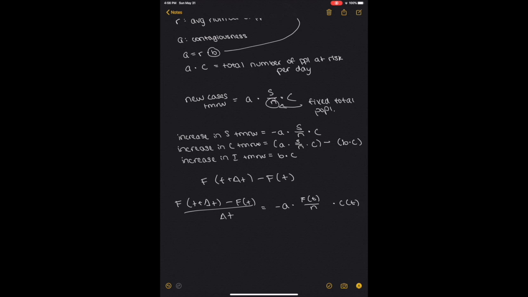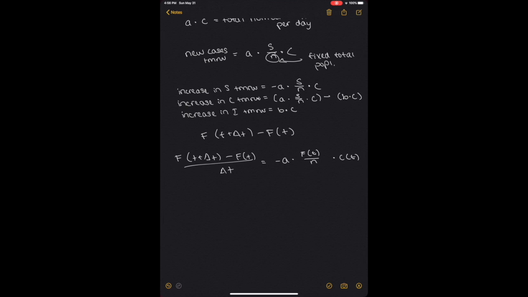And we can also say that c of t plus delta t minus c of t over delta t is equivalent to a times f of t over n times c of t minus b times c of t.